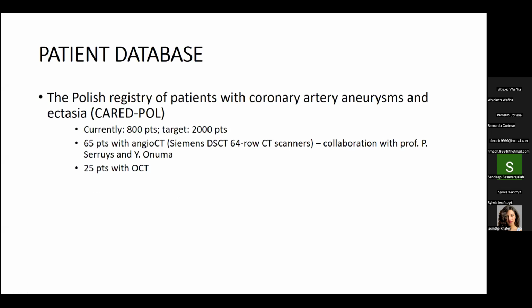So I created a Polish registry of patients with coronary artery aneurysm and ectasia. The acronym of this registry is CART-PO. Currently, we have about 800 patients, but our target is more than 2,000.